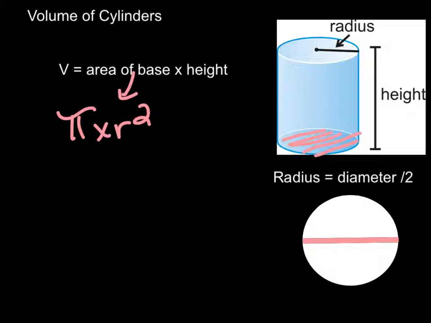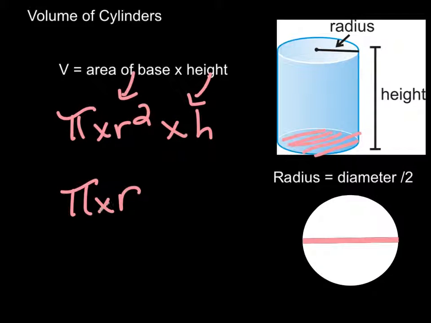So that's our area of the base, and then we have to multiply it by height too, because remember we're measuring something in 3 different directions for volume. Another way to write this formula is pi times r, which is the radius, times r again, and then finally times height.